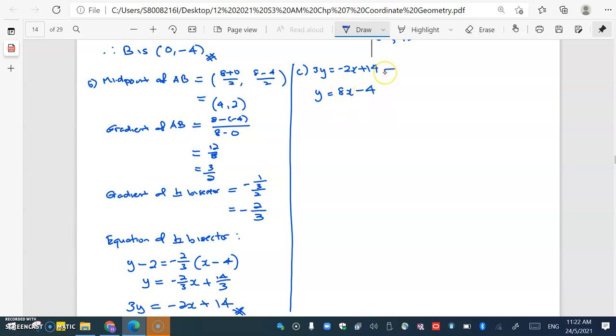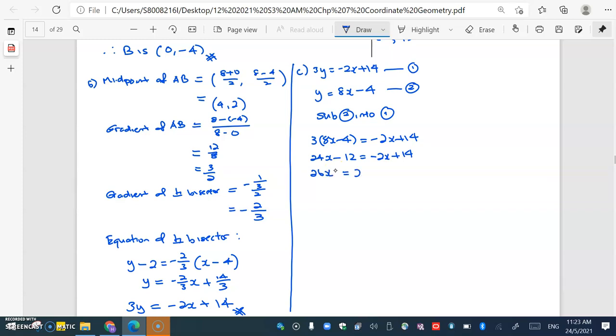I'm going to sub my second equation into my first equation, and that gives me 3 times 8x minus 4 equals negative 2x plus 14. 24x minus 12 is equal to negative 2x plus 14. I will have 26x equals 26. x is equal to 1. Therefore, my y is equal to 4. So my C is (1, 4).